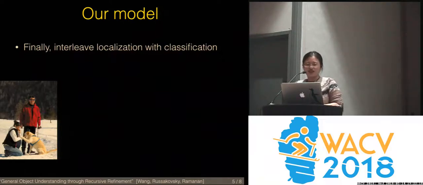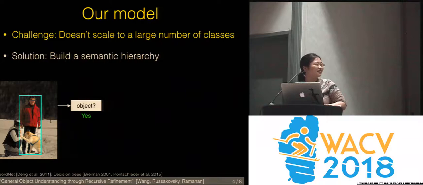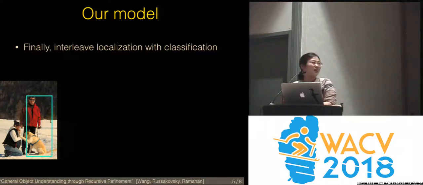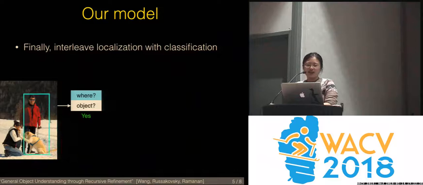Finally, we interleave localization with classification. To start with, we have sliding windows or any proposal-based method. And again, we first decide if there's an object or not. The answer is yes. Here, we relocalize the bounding box and re-extract the features.